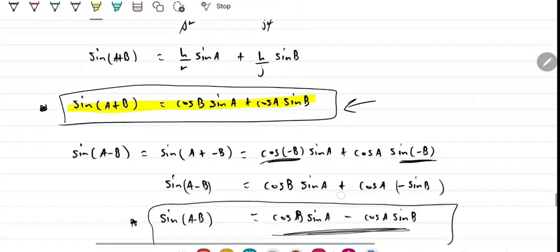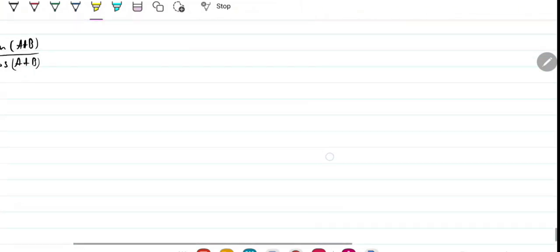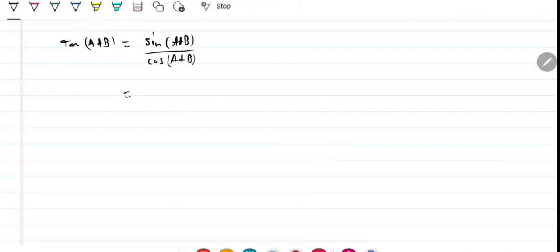Sine of A plus B, right? So the sine of A plus B, we know that is going to be cos B times sine A plus cos A times sine B. And that's the expansion for the top there.